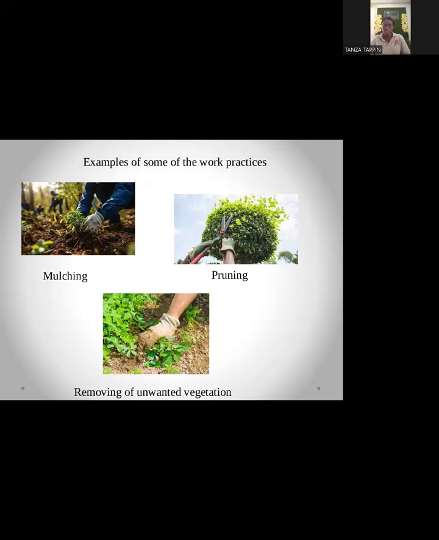And the final picture at the bottom there, we have removing of unwanted vegetation from the garden. It is important that you remove unwanted vegetation when you plant. This aids your seedling or plant in thriving a bit more, because weeds and unwanted vegetation, for example vines, suppress your plant from thriving or growing.